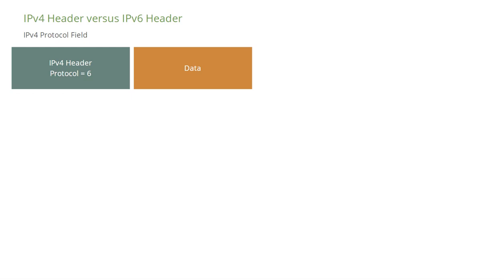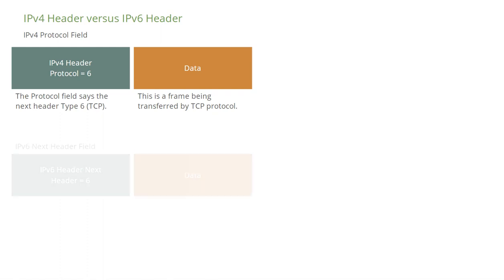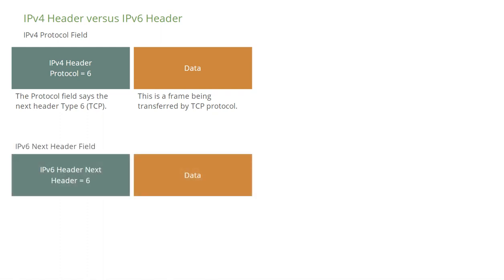For instance, if the protocol field value is 6, a device inspecting this packet will know that the next header within the packet is the header of a frame being transferred by TCP protocol. In IPv6, the protocol field is replaced by the next header field, which plays a similar role, but in a new and expanded way.